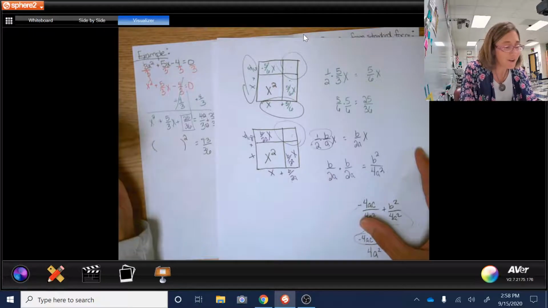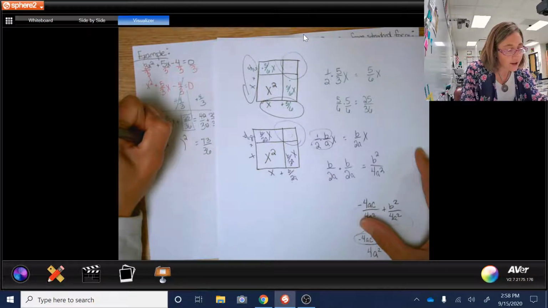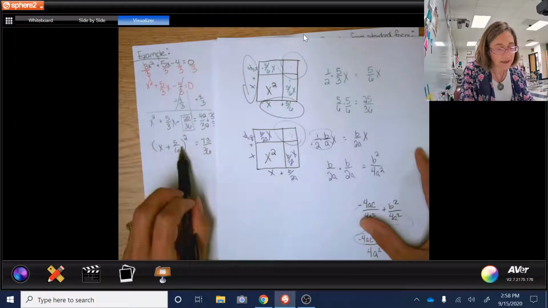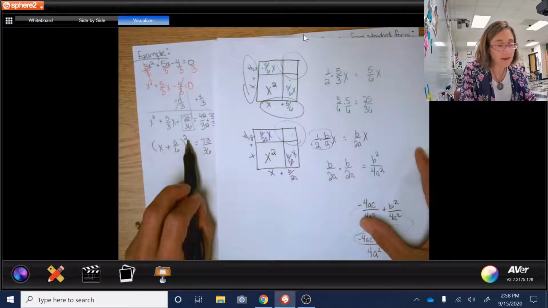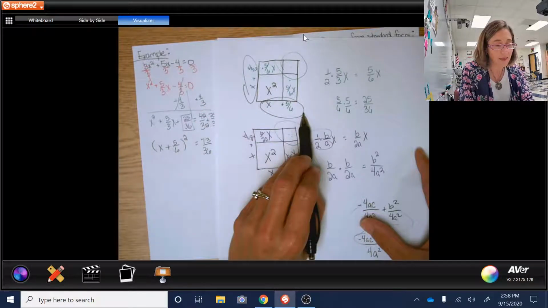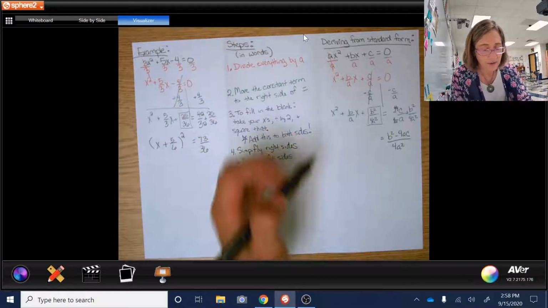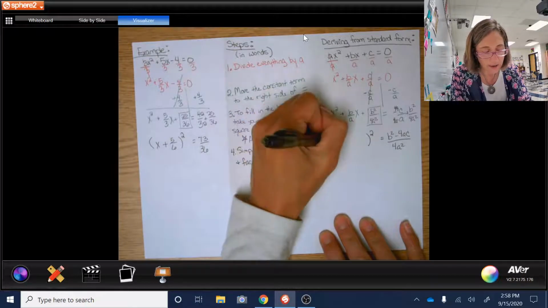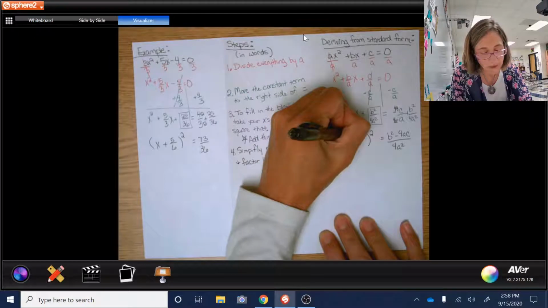That's why it's a square, not a rectangle, not any old rectangle. So I'm going to call this x plus 5/6. It's getting squared because that's the length and the width. And then on this side, with the letters, I'm going to call it x plus b over 2a.